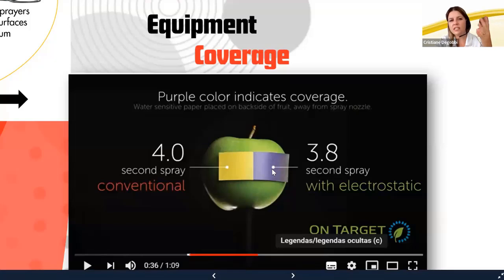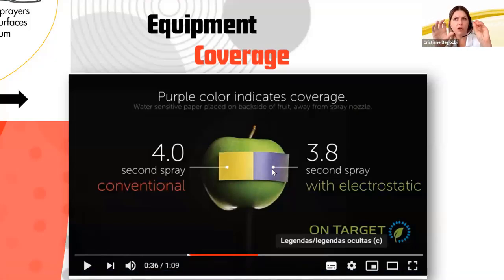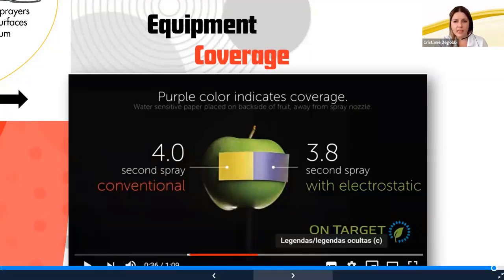So you can actually see the coverage, if the particles are really different in size, or you can see some yellow parts in there. So it's not that you're having good coverage with that equipment. It's good for you to test your equipment and also how far you can go from the surface. This is one way for you to test the equipment.